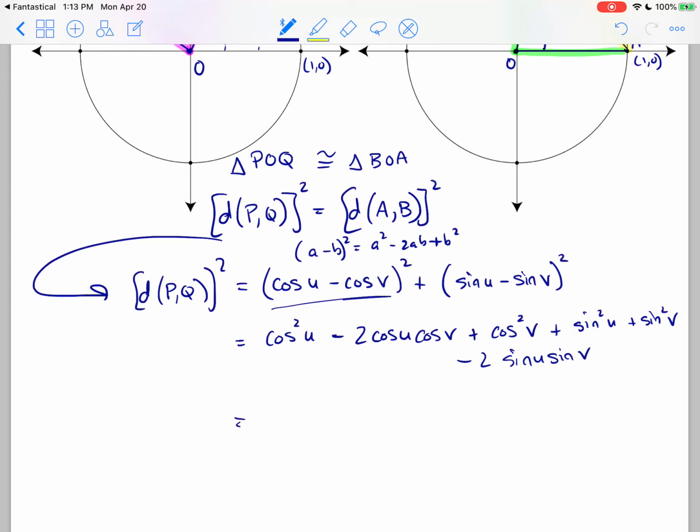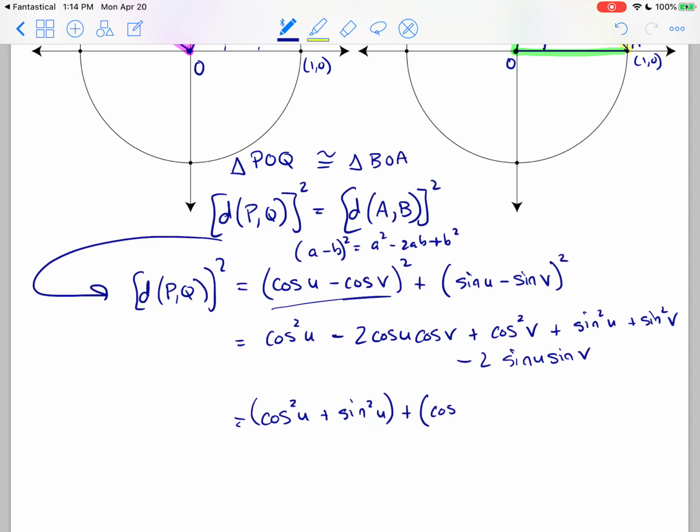So putting that all together, I'm just rewriting this, not changing anything. I have cosine squared u plus sine squared u, and I'm grouping those together for a particular reason. Hopefully we know what cosine squared u plus sine squared u equals from last time.